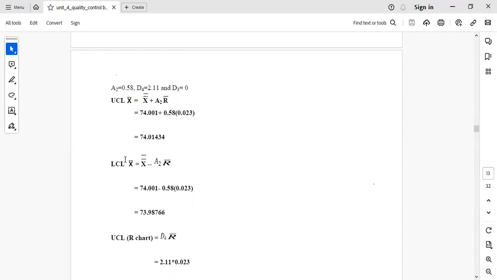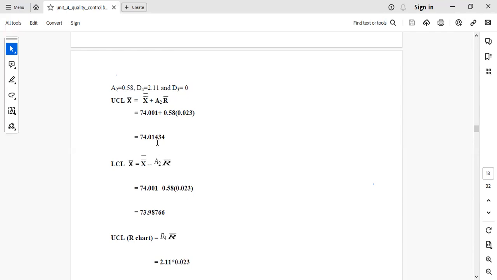So you get that. Then the lower control limit, again, so now here we subtract. So we have A2, again, R bar. And then this will give you the 73.98766.